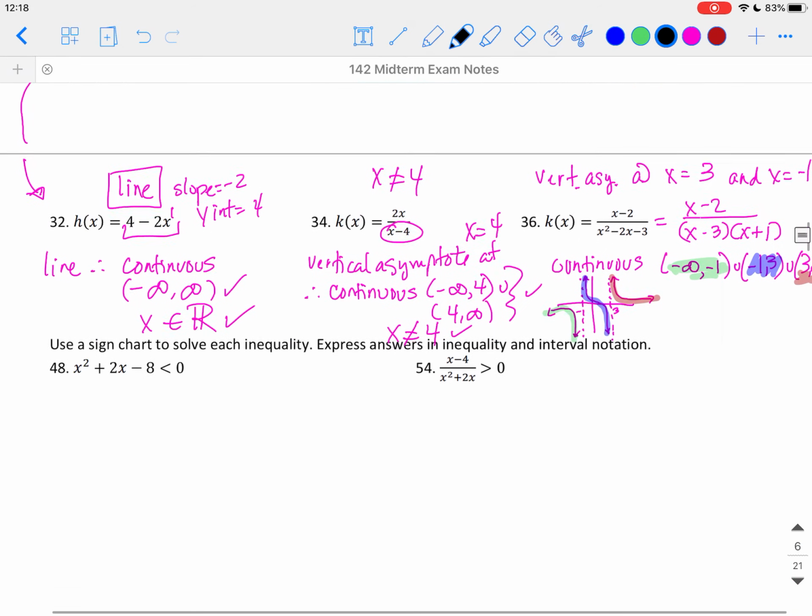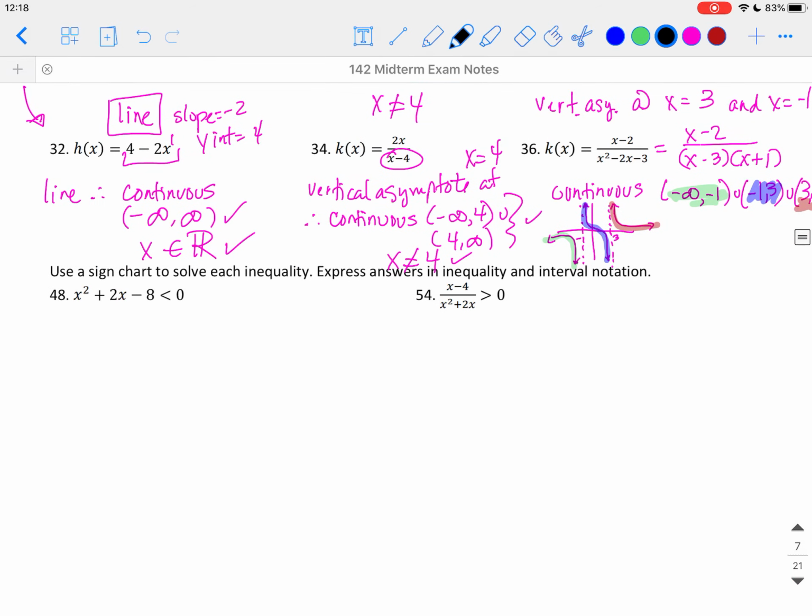So let's do this problem. We have 2 of them. It says, use a sign chart to solve each inequality. Express answers in inequality and interval notation. So we have x squared plus 2x minus 8 is less than 0.